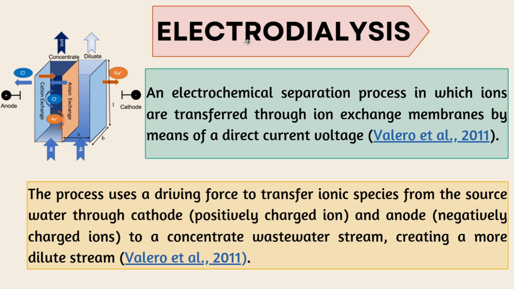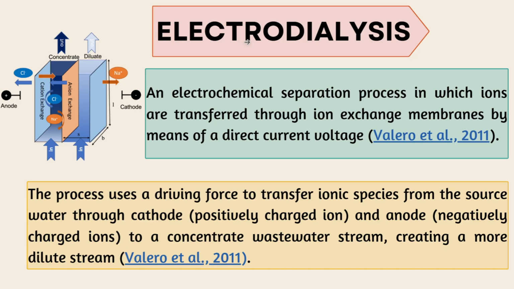Electrodialysis is an electrochemical separation process in which ions are transferred through ion exchange membranes by means of a direct current voltage. The process uses a driving force to transfer ionic species from the source water through cathode and anode to a concentrate wastewater stream, creating a more dilute stream.